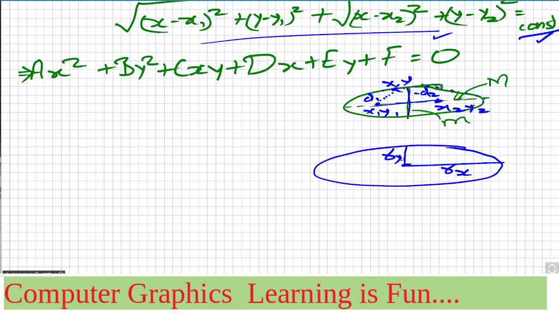We keep it as x and y only, because sometimes when the ellipse is oriented like this, we still call it Rx and this Ry. And this is your center, xc yc.